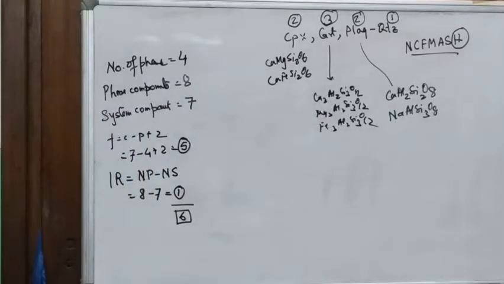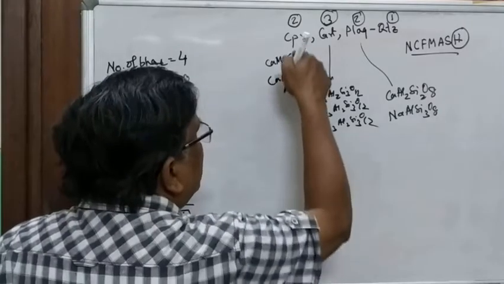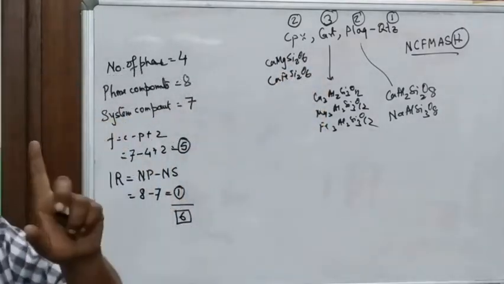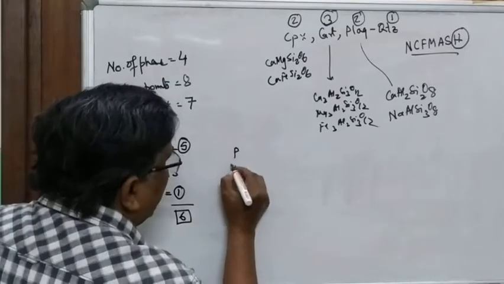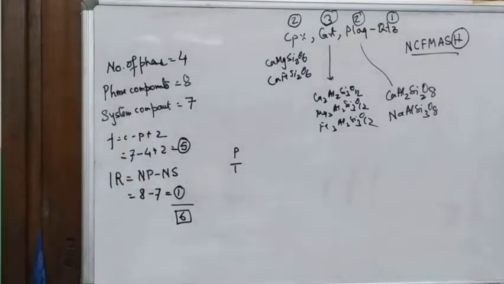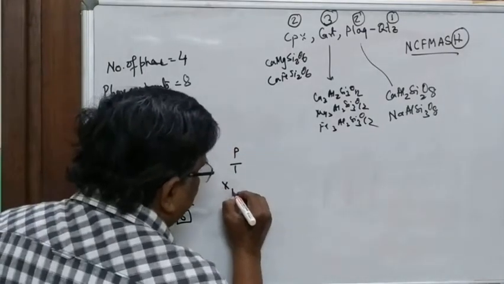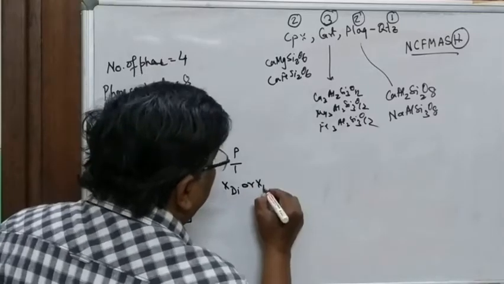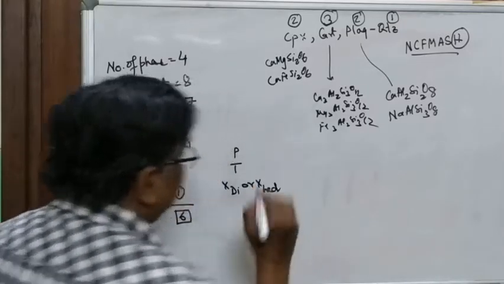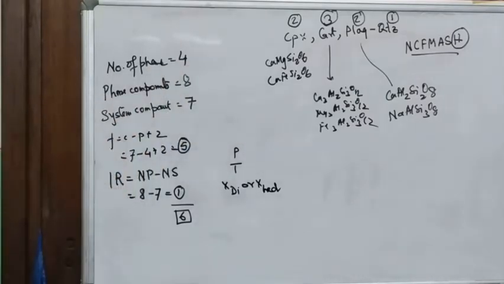Now, what are my variables? Here, independent variables: pressure and temperature, that's it. And here, either X diopside or X hedenbergite.